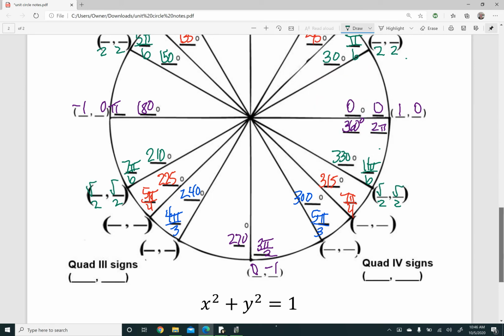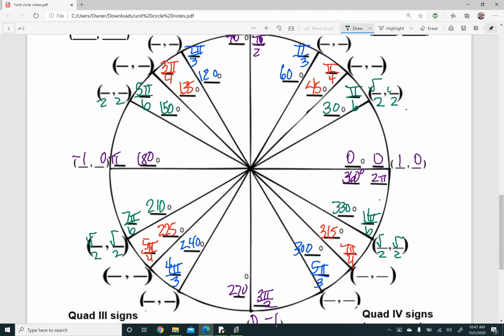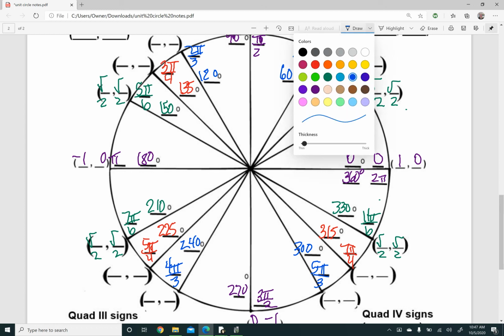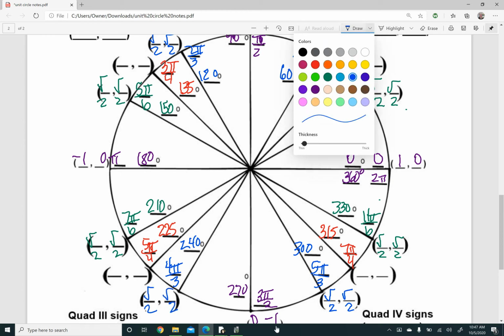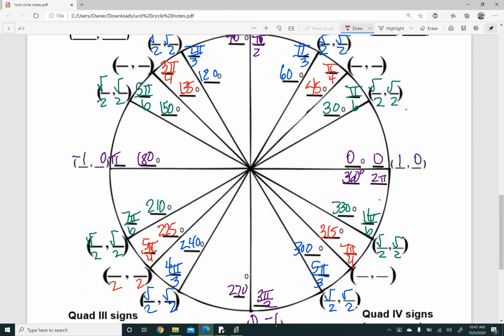So if you start with over 2 and a square root on top, then I'll show you how to count them from there. So over 2 and a square root on top.